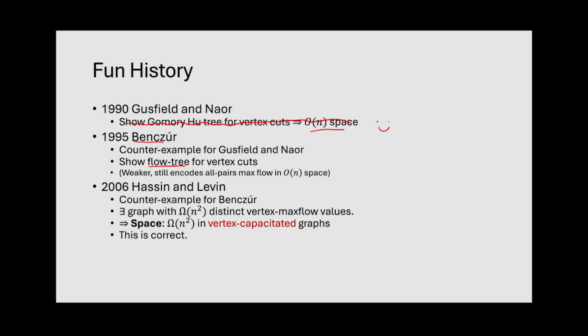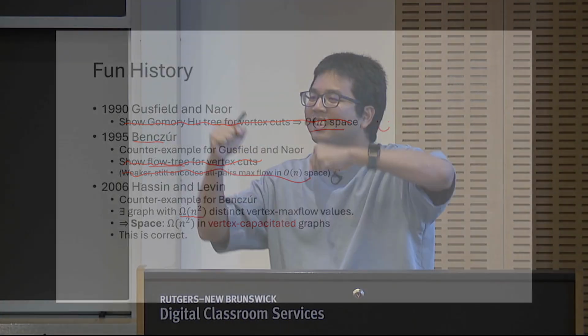So it turns out to be wrong as well. Hassin and Levin showed a counterexample: a graph where, among all s-t pairs, there are n squared distinct max flow vertex cut values.